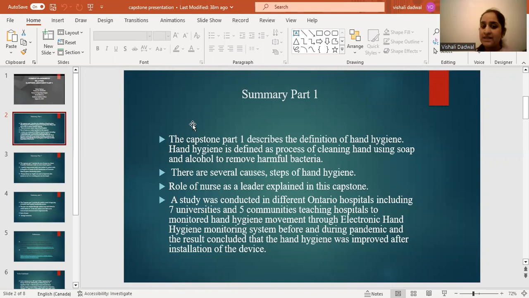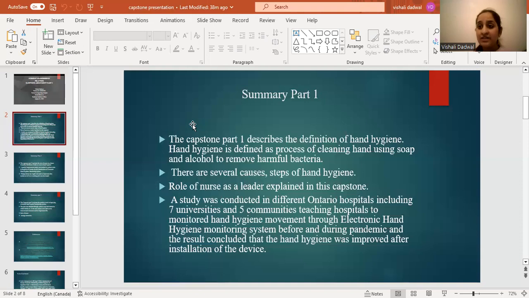The second point is that there are several causes that create barriers to the proper cleaning of hands, such as malfunctioning in the hospital, improper utilization of equipment, improper functioning of the dispenser, and improper supplies of the dispenser, like sanitizer and alcohol rub in the hospital, which create main obstacles in the hand hygiene process.